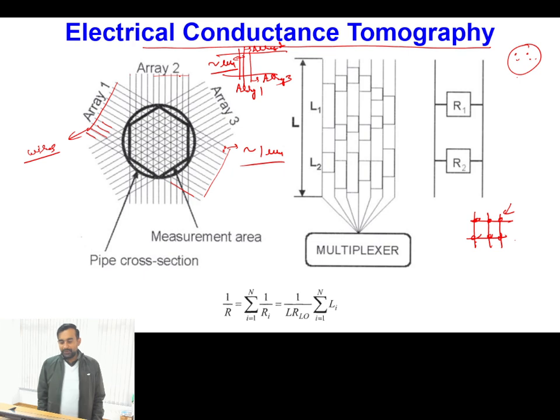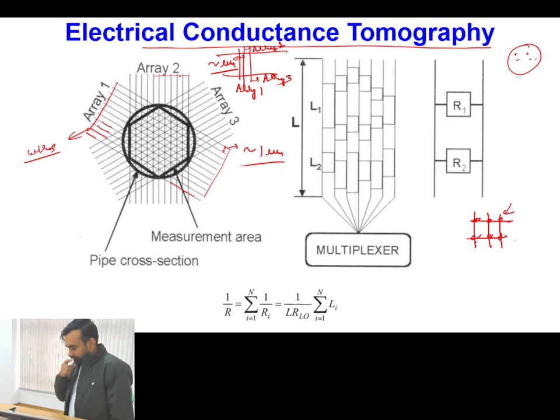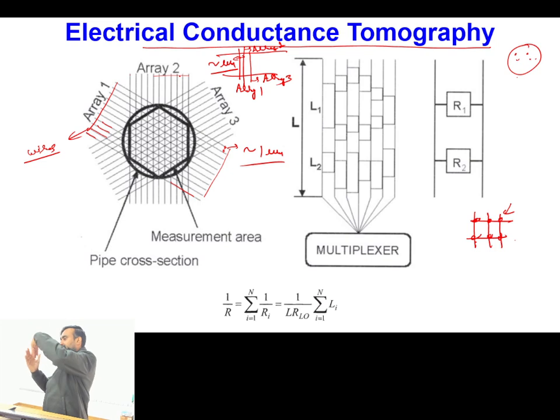Now what will be happening? All these arrays are separate parallel wires. One is this parallel wire, other is this parallel wire, and the third one is at a certain angle, another parallel set of wires. If you consider a bubble which is of size 5 micron or 6 micron, what will happen?